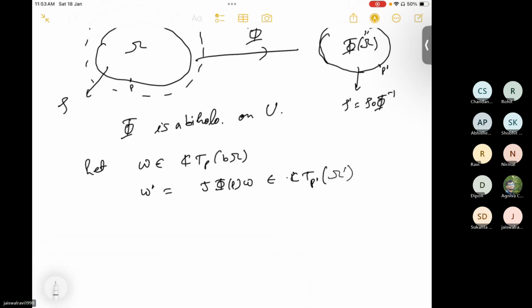You can verify this using the definition of the complex tangent space.